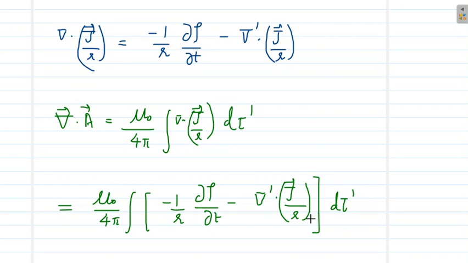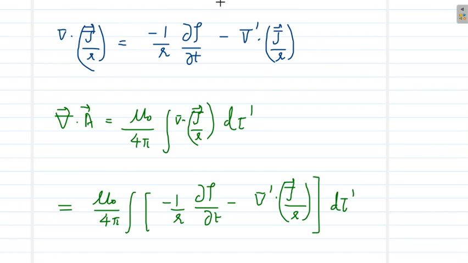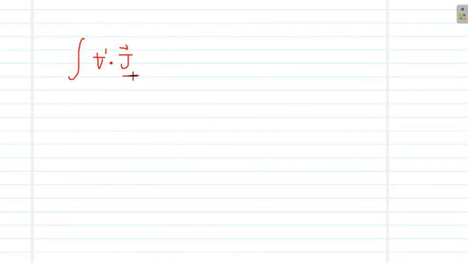So here we have a second term. It is actually integral del dash dot of j bar by r d tau dash, and that volume divergence can be converted into a surface integral, with j bar dot n cap by r into dA.